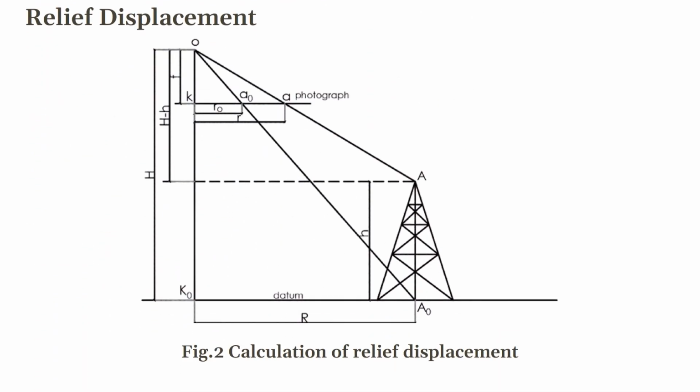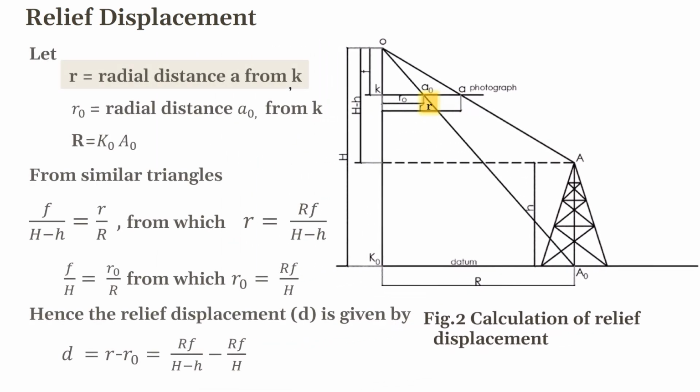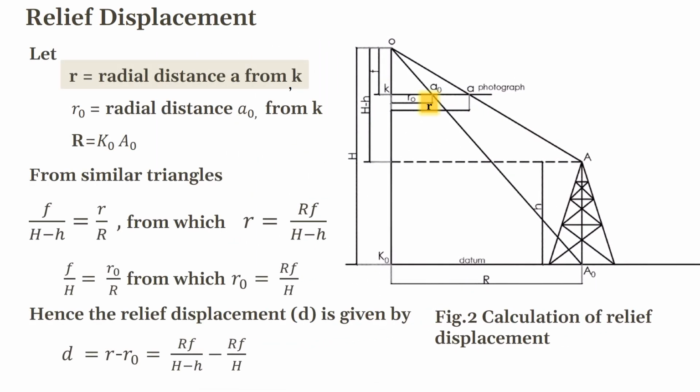Now, to calculate the amount of the relief displacement, take a look at the figure 2. This figure shows a vertical section through the photograph from figure 1, specifically along the horizontal line KA where you have to put your eyes on.